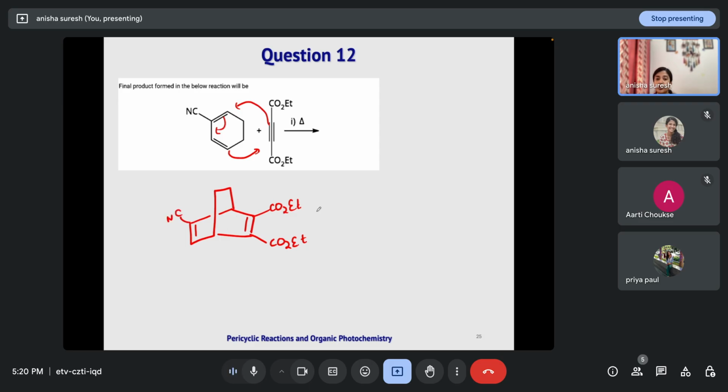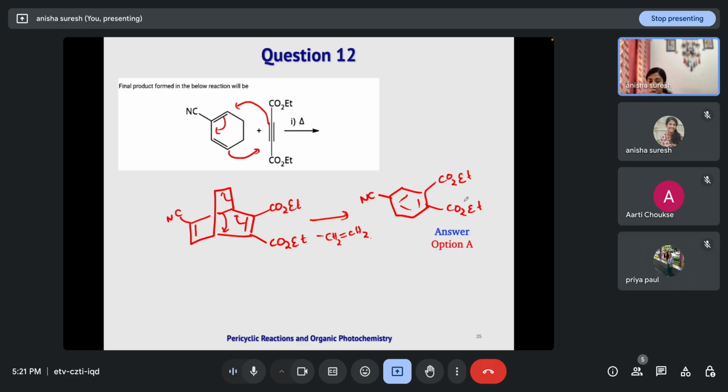Now this can undergo a cheletropic elimination of an ethylene molecule. So minus CH2=CH2 will take place and it will result in the formation of this as the final product. Is it clear? Yes, ma'am. So option A is the right answer.